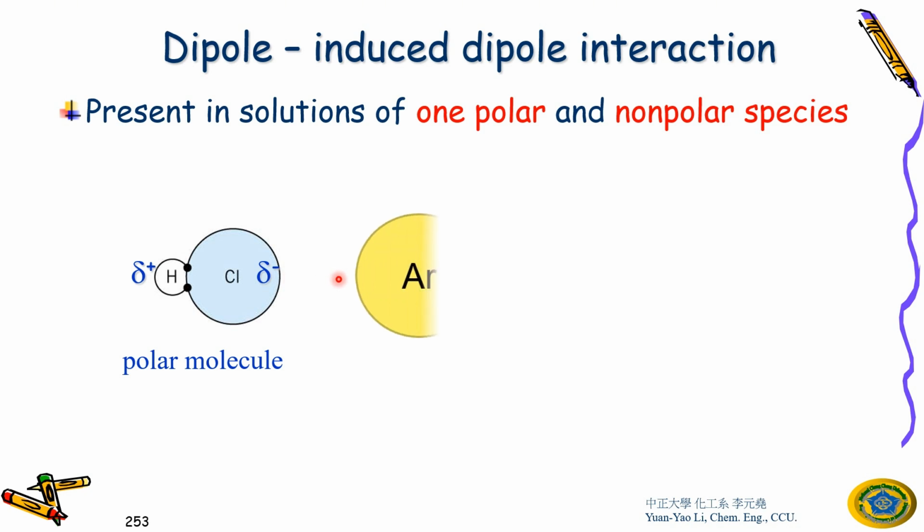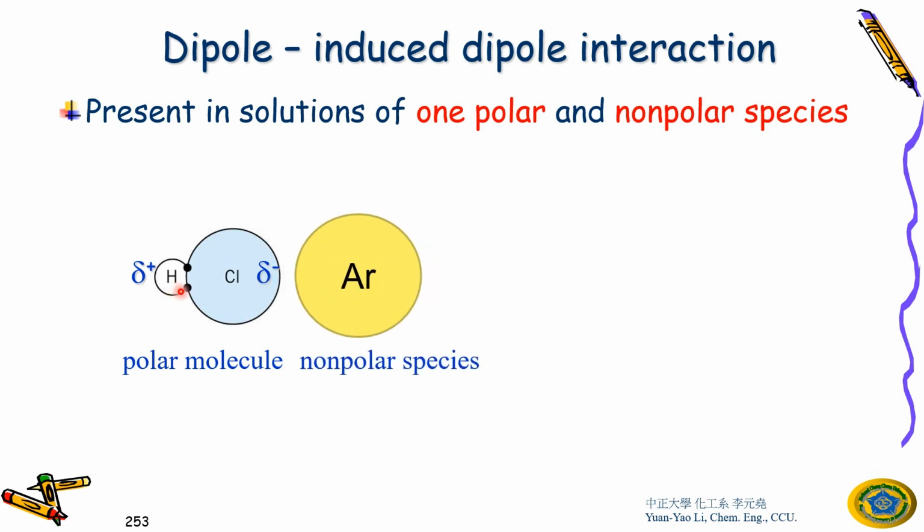However, if something comes closer to this molecule, for example argon, a non-polar species, then what happens? The electrons around the argon will be induced, pulled apart toward this part, if it is close enough.